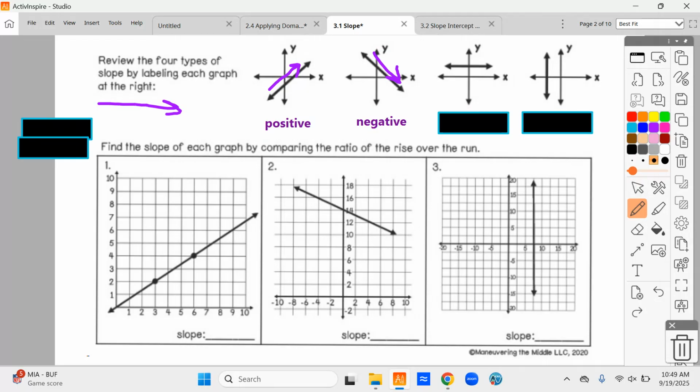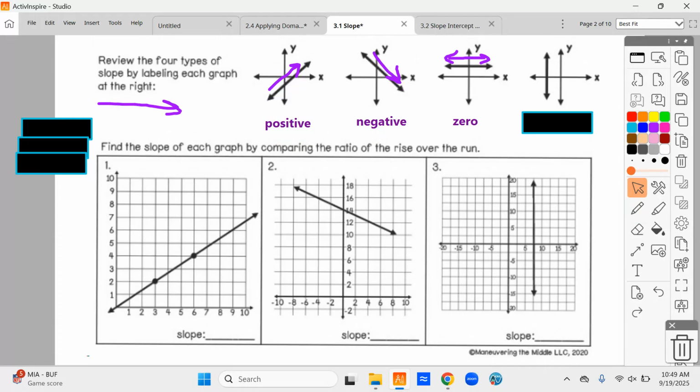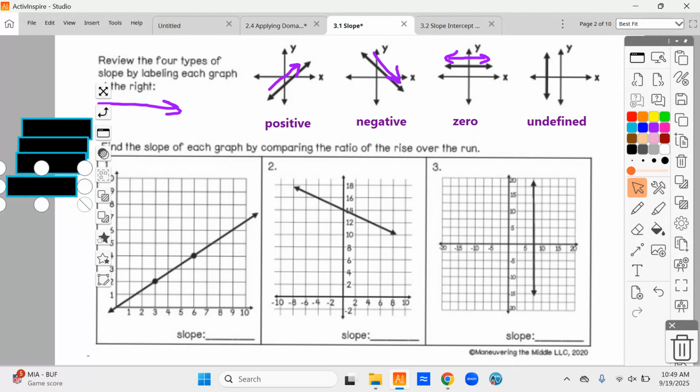Now, if our line is just flat, it would take no effort at all to bike on that ground, so we have 0 slope. And if I have a vertical line, that means that it would be very challenging. It's like a cliff. I can't bike on that, so I would say it is undefined.